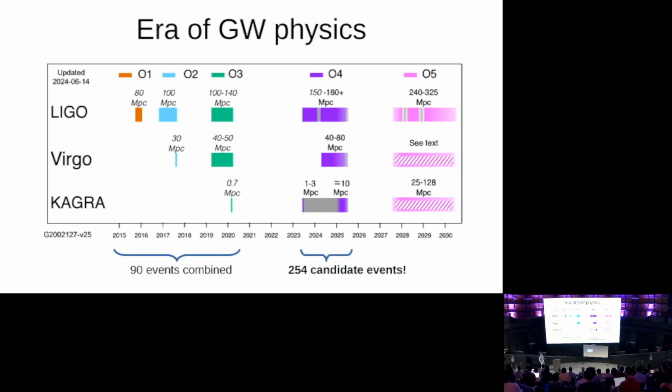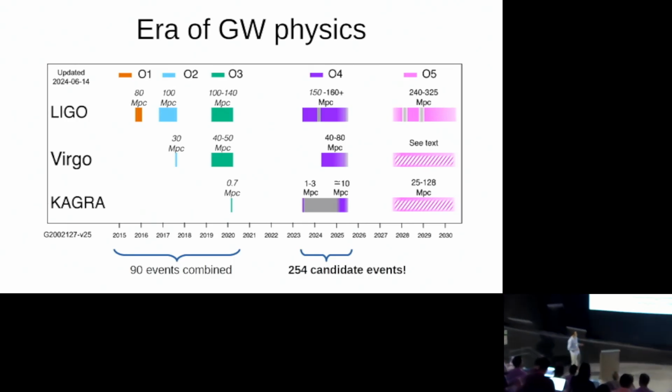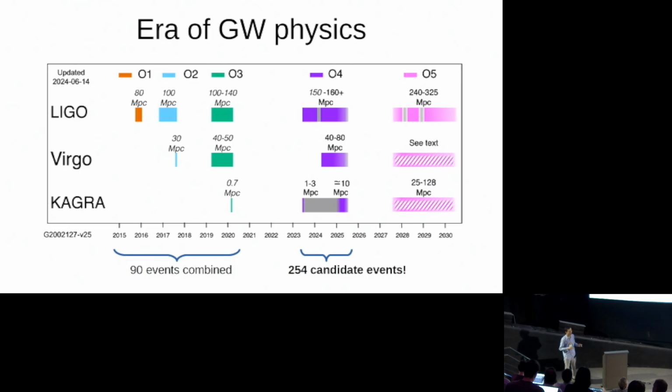I don't need to mention to this audience that gravitational wave physics is developing at a very rapid pace. We had 90 events combined from the O1, O2, O3 runs of LIGO. And in about 2 years of the O4 run, we already accumulated 254 events.